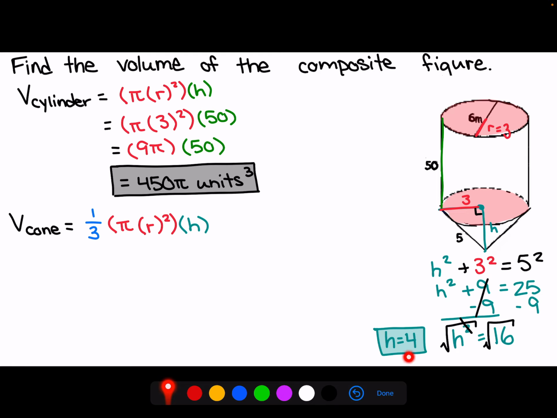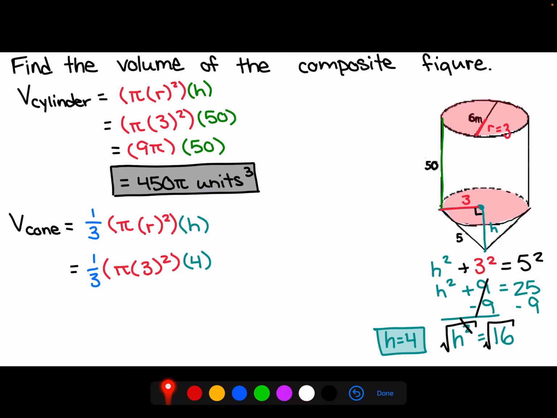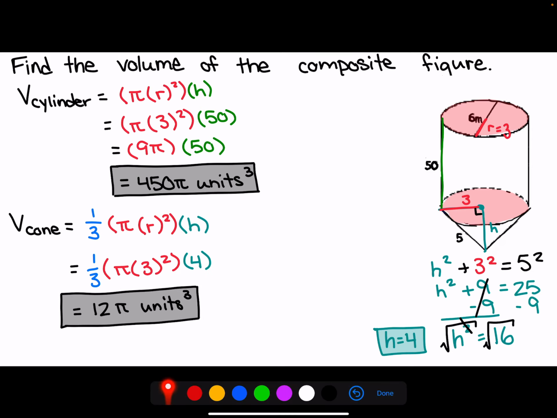Now that I have the height of my cone and the radius of my cone, I can go ahead and plug in. Volume is equal to 1/3 times pi times 3 squared, or 9 pi again, times 4. 1/3 times 9 pi will give me 3 pi. 3 pi times 4 is 12 pi units cubed.